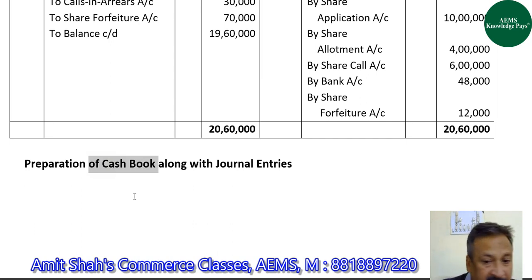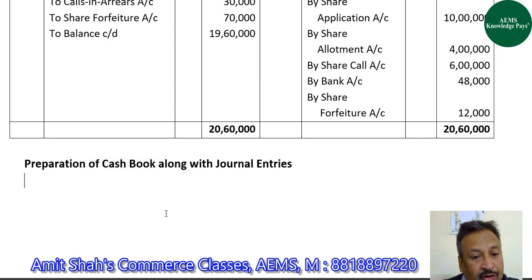Now, you must also be remembering that cash book is a subsidiary book, and those transactions which go to cash book, for those we do not pass journal entries at all. Do you remember this or not? Transactions recorded in any subsidiary book are not recorded in the journal at all.